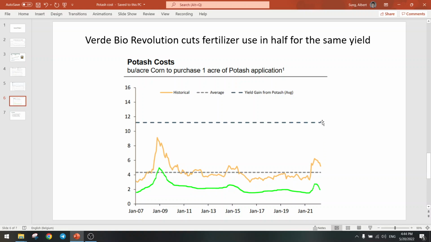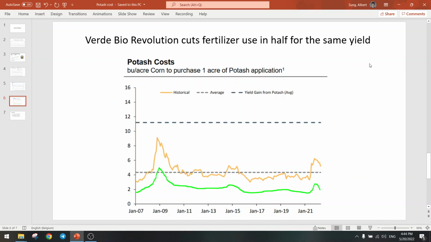So everyone will go from Mosaic, Nutrien, Intrepid Potash, and they would go to Verde's Biorevolution product, because it would be much cheaper to buy this product, since it's half as expensive, right? So this gives Verde a big advantage over its competitors. And we still need to, of course, see the field tests if this is true.